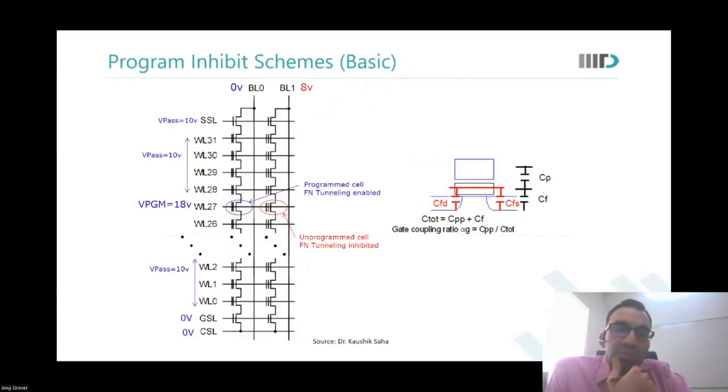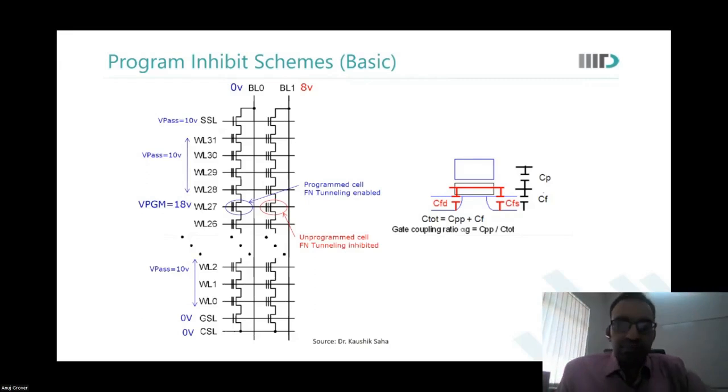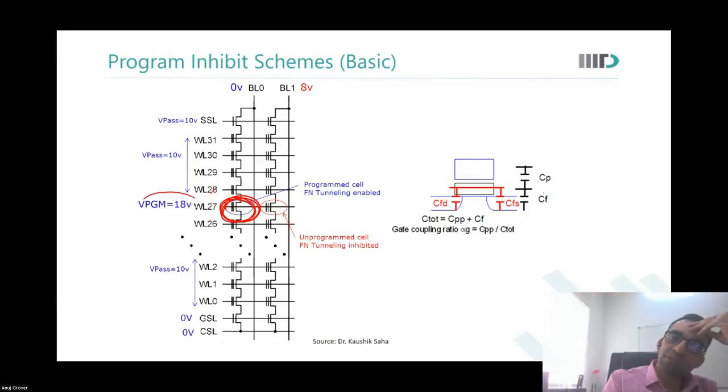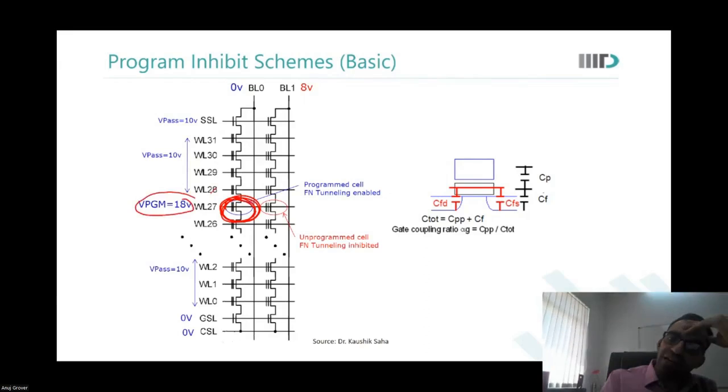So now it appears okay at a cell level, but you being memory designers, you also have to see what happens to the cells in the same row which are not to be selected. So you said I want to program, let us say, this particular cell. So its word line would go to 18 volts, but the same word line is going to so many other columns also.